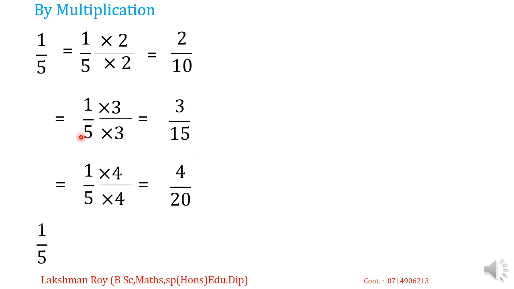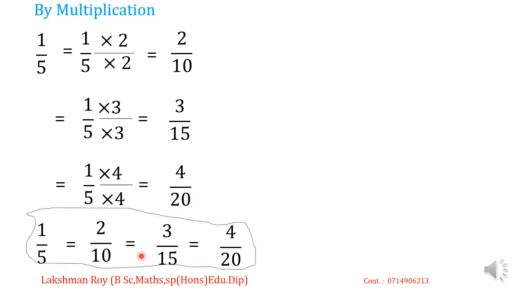Let's see. 1/5 is the given fraction, so that is equal to 2/10. Then that one equal to 3/15, that one also equal to 4/20. So here I found 3 equivalent fractions to 1/5. By the multiplication method, if you want, you can find so many more fractions.